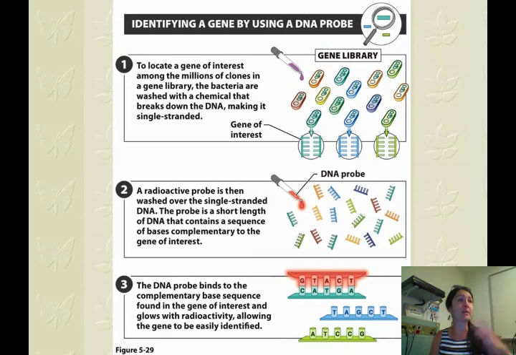So it only hooks up to the DNA pieces that match those complementary base pairs. So it binds to it, it creates the double strand of DNA, and it's also radioactive, so we're able to easily identify it, pick out the ones that are radioactive, and we have exactly what it is that we want.